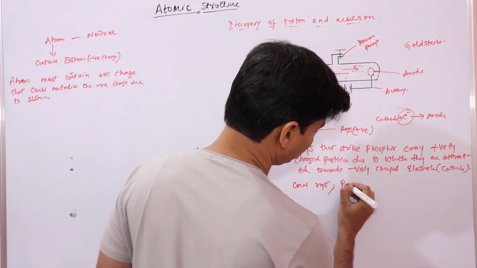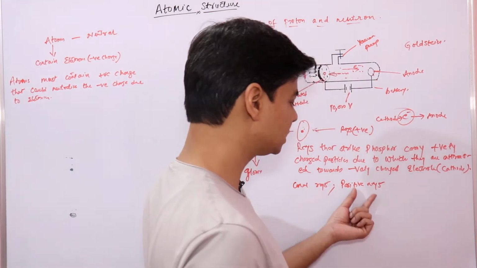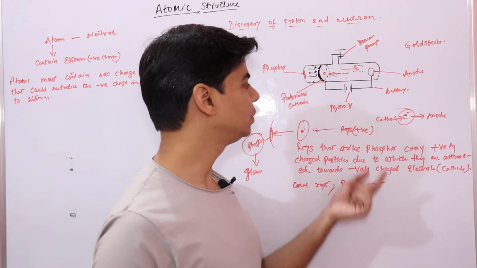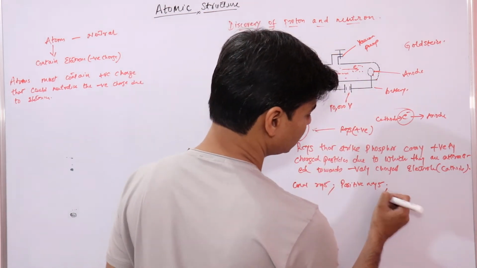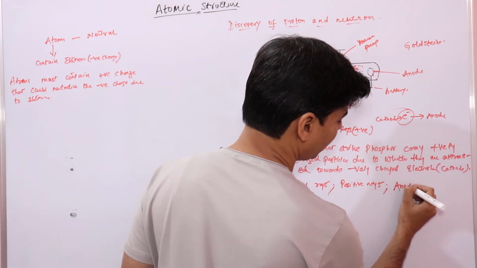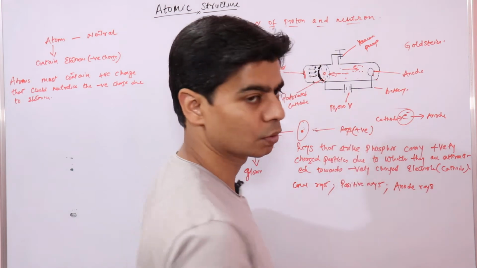These are positive rays. Why positive rays? Because they contain positively charged particles, due to which they move towards the cathode, right? And these are also known as anode rays. Why anode rays? Because they are moving from anode towards cathode.